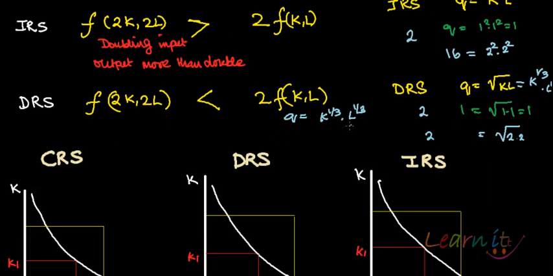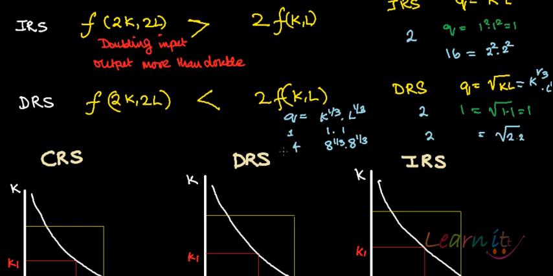So, for example, if I have the initial inputs as K equal to 1, L equal to 1, it would have fetched me Q equal to 1. So supposedly if I change the inputs to say 8 to the power 1 by 3 into 8 to the power 1 by 3, it'll give me 2 into 2, which is just 4.